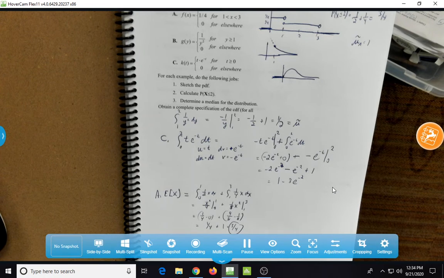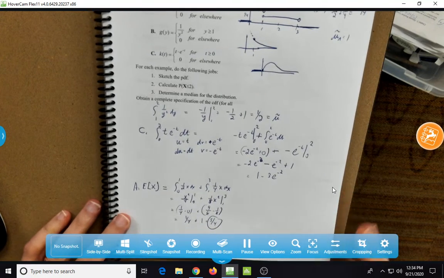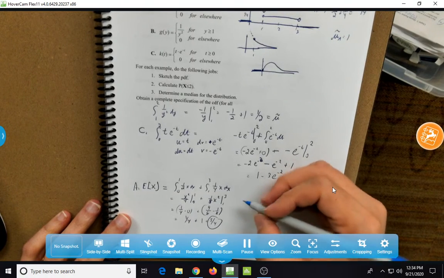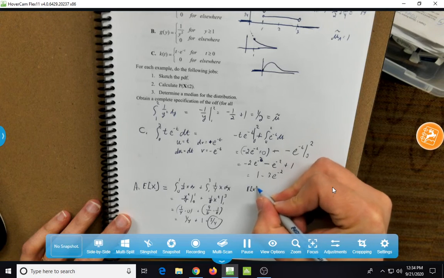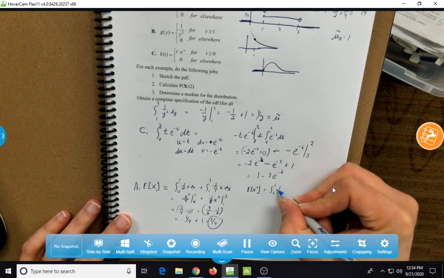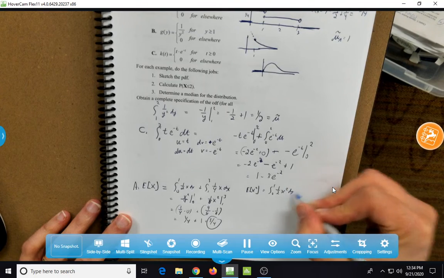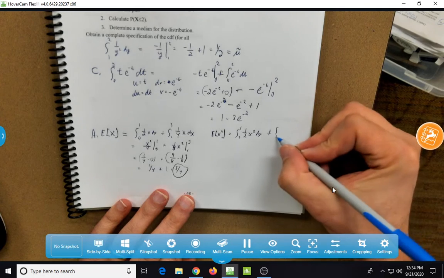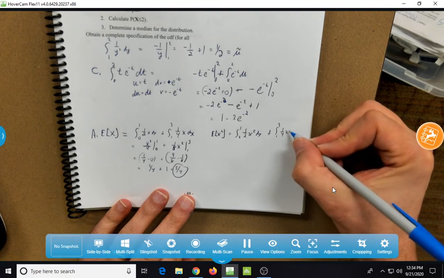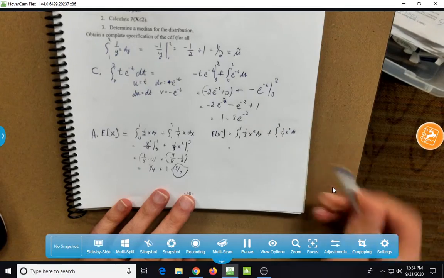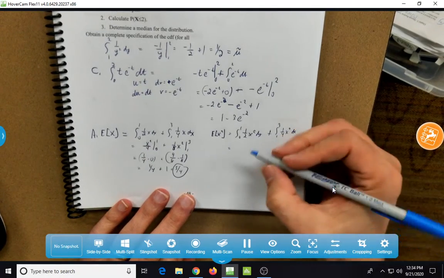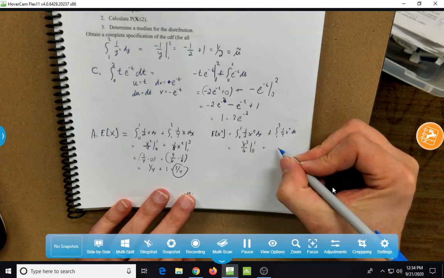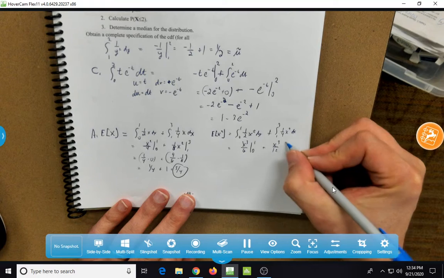Let's calculate the variance. And let's do the expected value of x squared. Here we go from 0 to 1 of 1/2 x squared dx plus 1 to 3 of 1/4 x squared dx. x cubed over 6 plus x cubed over 12 from 1 to 3.